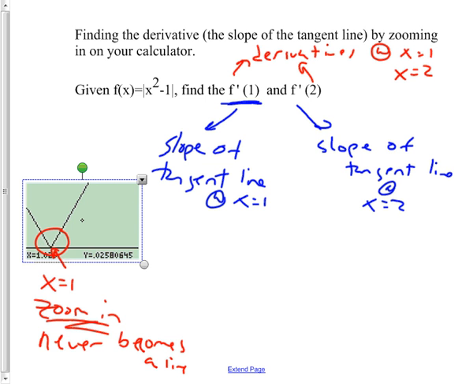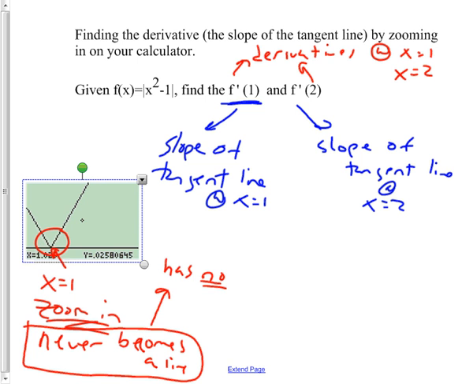And if it never becomes a line, then it has no derivative. We'll talk a lot more about this in the next couple of days, but just graphically, because we're asking you to solve derivatives by graphing, if you do some zooming and you get no straight line, there's no derivative.